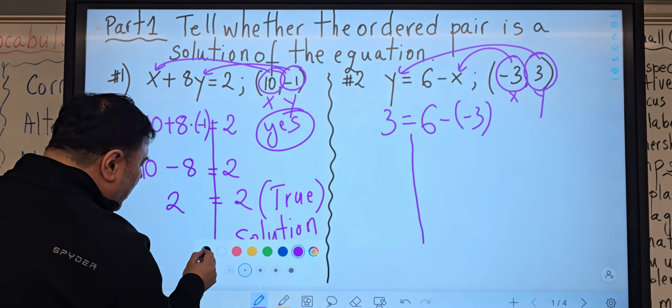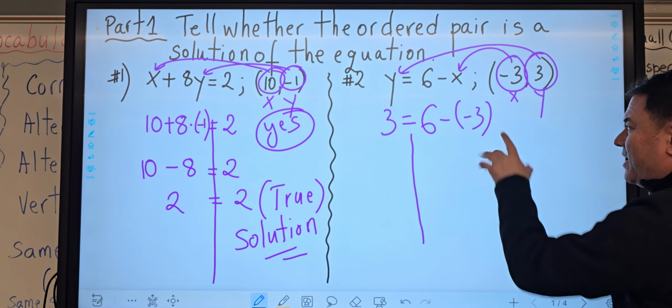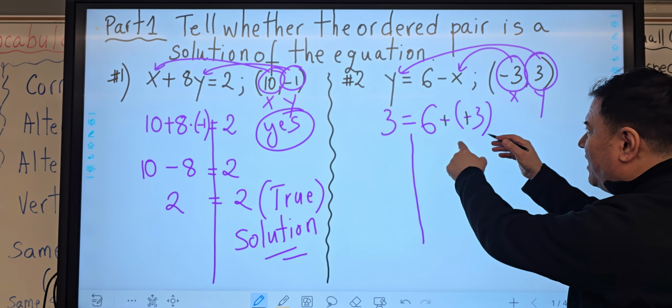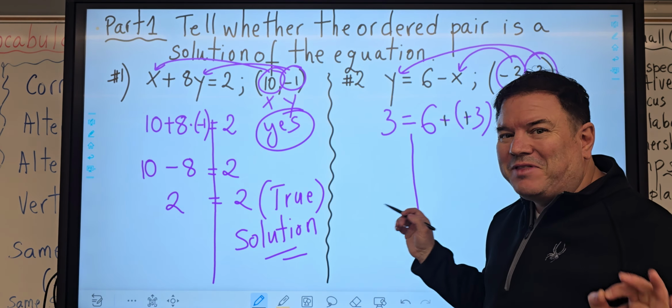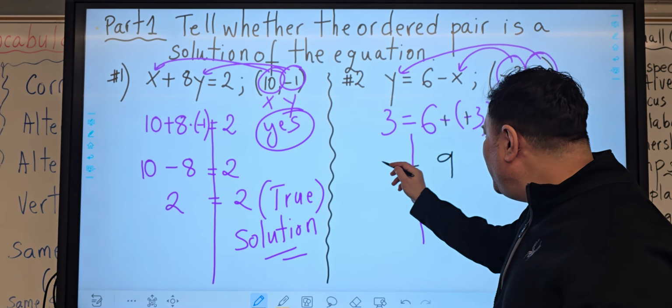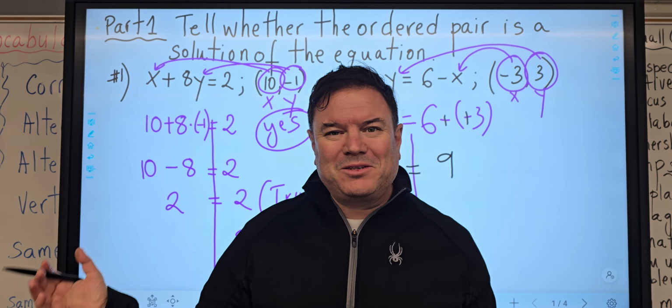Now be very, very careful because a negative times a negative becomes a positive. It's not 6 minus 3. Now it becomes 6 plus 3. So because of that, here we get 6 plus 3, 9, and 3 equals 9. We don't get the balance, right?